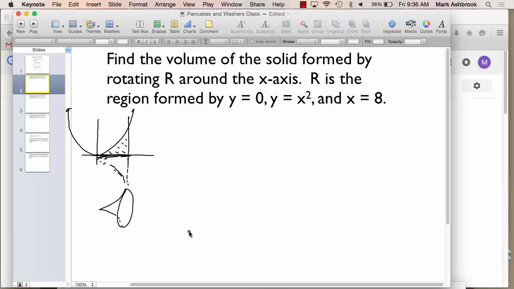So how are we going to do this? The way we're going to do this is we're going to go back to our typical strip, and the little bit of volume that we're going to calculate is based on if we took the rectangular strip and did the same rotation on it. So let's draw the strip.